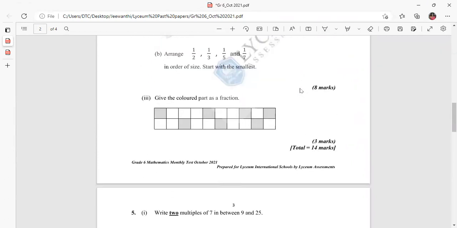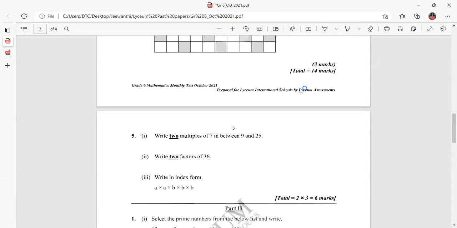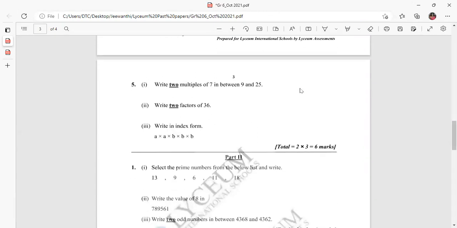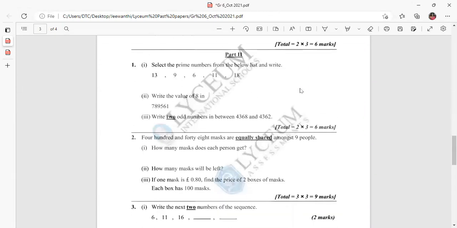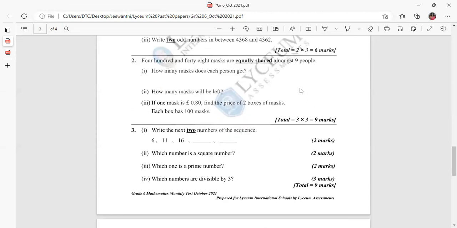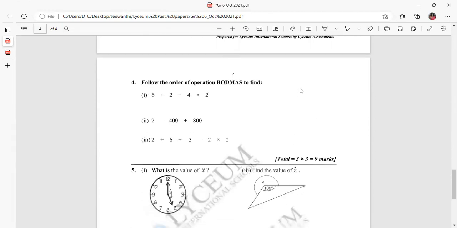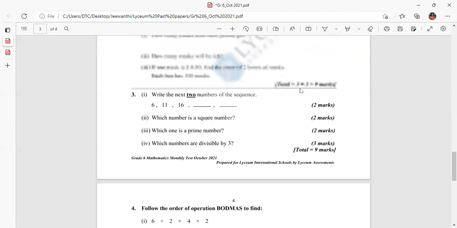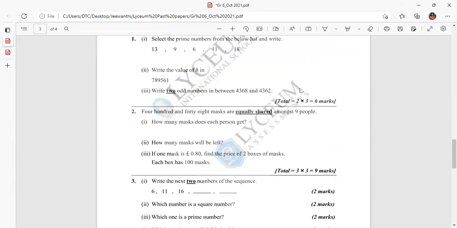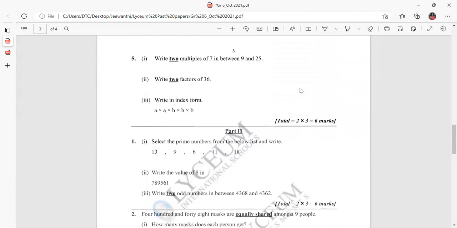Then we have the multiples, factors, index, then the prime numbers, then how you can decide whether this number is divisible by 2, 3. So the divisibility test we want to discuss, and the square numbers, a lot to discuss, right? Therefore, I think there will be another 2 videos for the same paper.